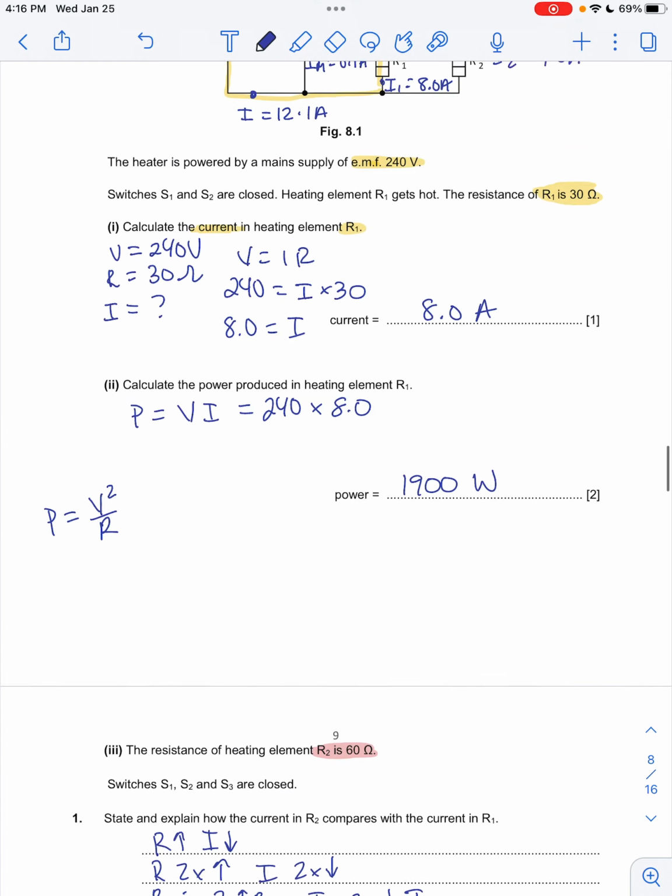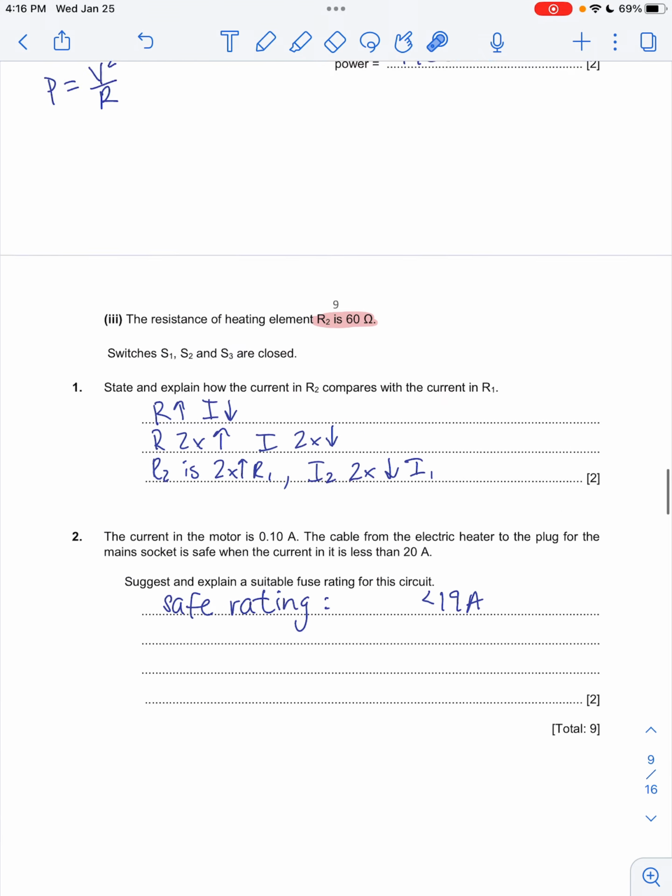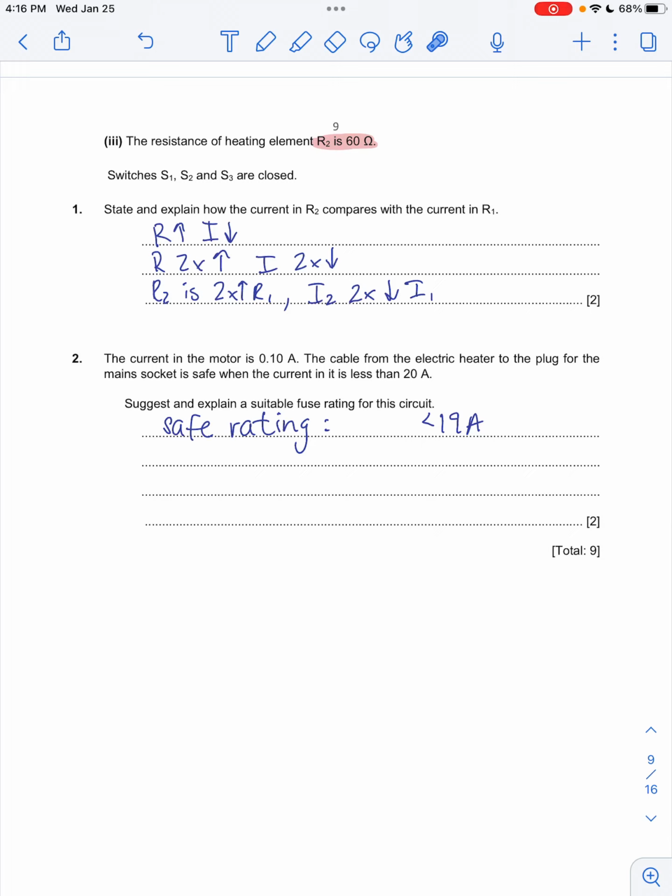However, I know from my circuit that my total current is 12.1 amps. So that means I need to at least be able to withstand 13 amps. Like 12 is too little, so I need it to be at least 13 amps. It needs to be somewhere between those two numbers.